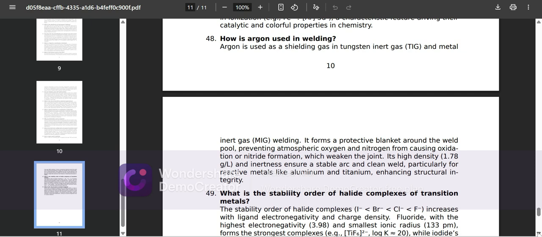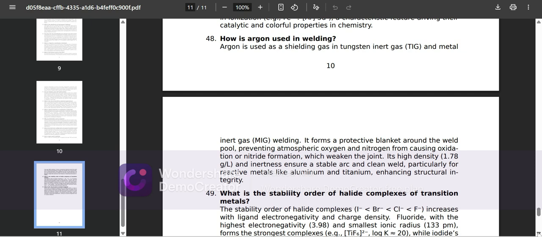How is argon used in welding? Argon is used as a shielding gas in tungsten inert gas and metal inert gas (MIG) welding. It forms a protective blanket around the weld pool, preventing atmospheric oxygen and nitrogen from causing oxidation or nitride formation, which weaken the joint.